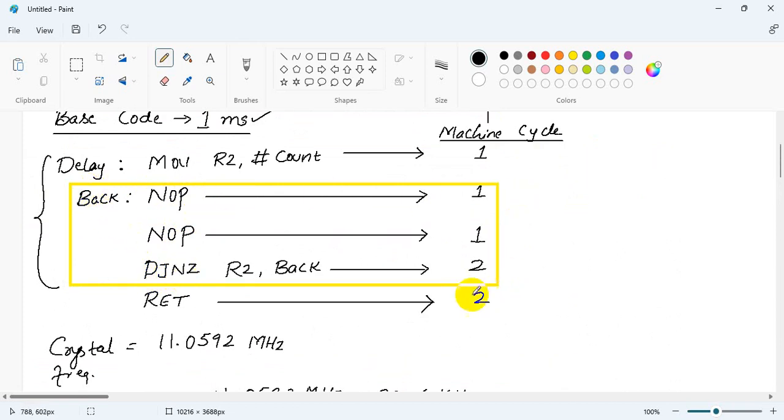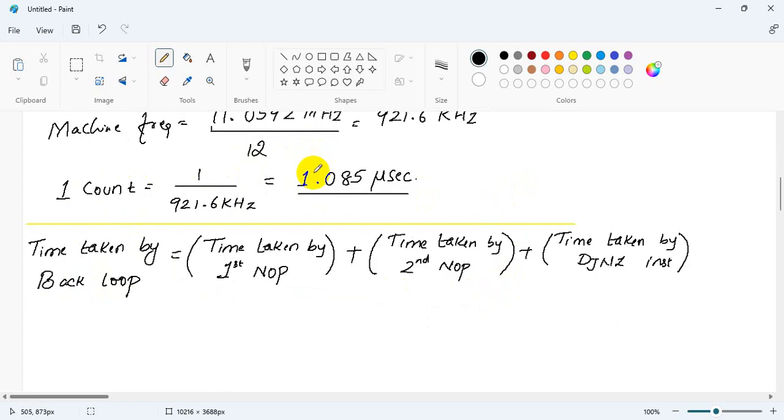And these 3 instructions are executed how many number of times? This count number of times. Because we don't know that, I will write it as X. So all these 3 instructions are executed X number of times. X is nothing but that count. So how many machine cycles does the NOP take?